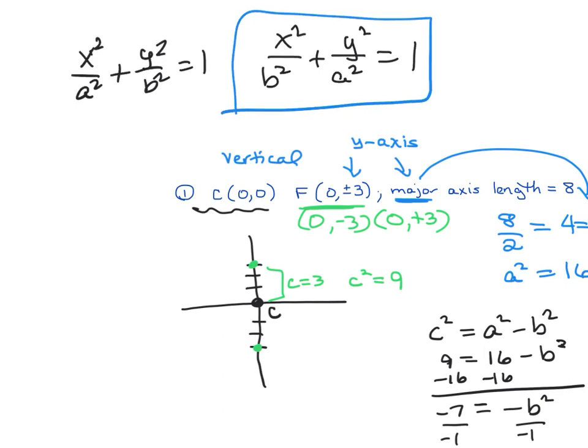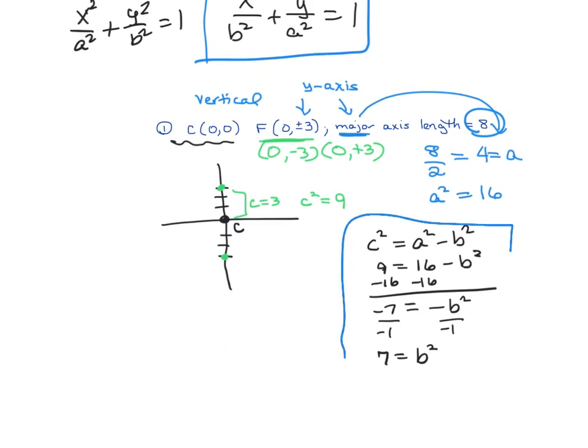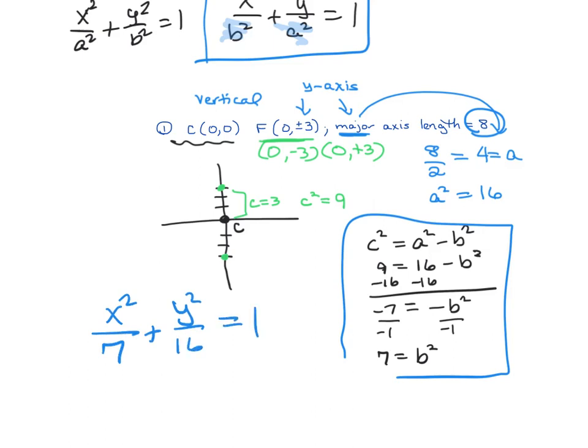So I got my A squared from taking this number, dividing it by 2 and squaring it. And then I found the B squared by using this formula. So now that I found A squared and B squared, that's all I'm filling in now. So X squared over 7, because that's my B squared, and then Y squared over 16, and it equals 1. And I'm done.